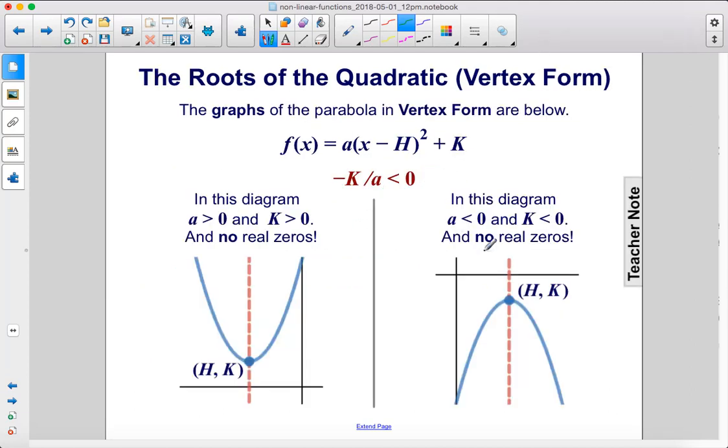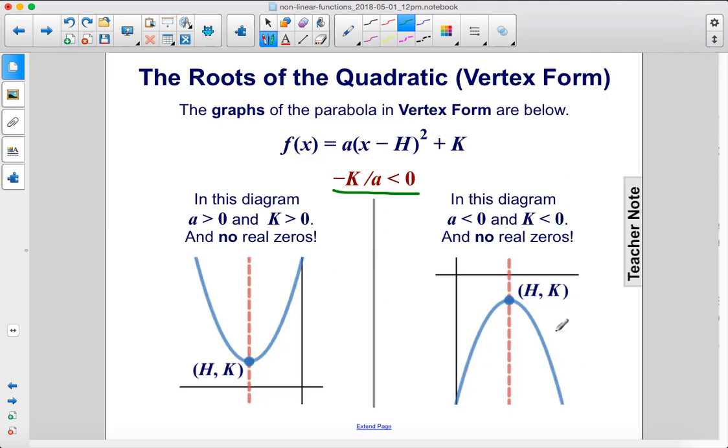All right, so here's two examples of where there's going to be no real zeros, no roots at all, when negative k over a is less than 0. So in this case, a is positive and k is positive, and because there's a negative sign built in here, if they're both positive numbers, that means that this number will remain negative. So here's an example of what that might look like.